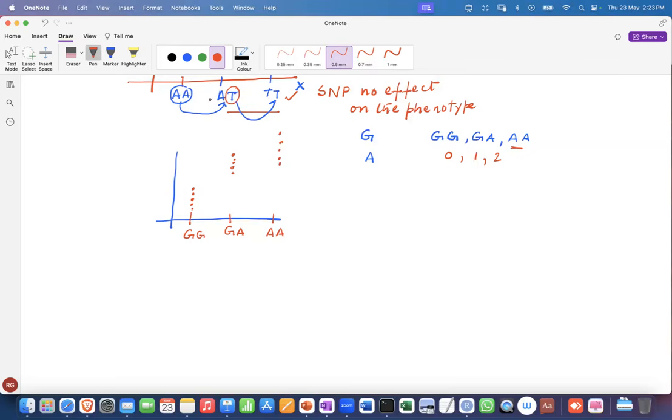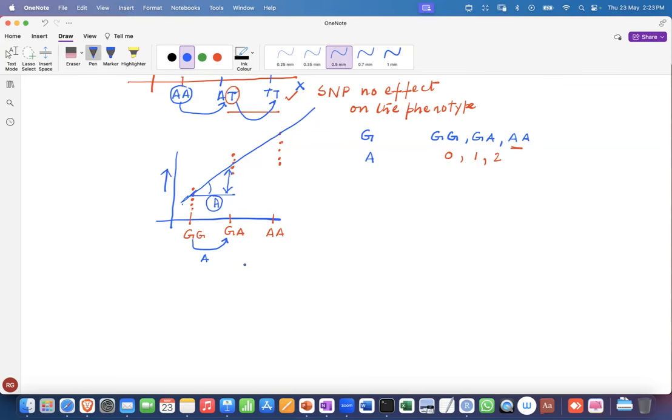Now, if you plot a line, you will have a line like this running diagonally. It says that with the introduction of one alternate allele A, there is an increase in the height by a particular slope. This is the increase in height for a unit introduction of your alternate allele A. You understand, right?